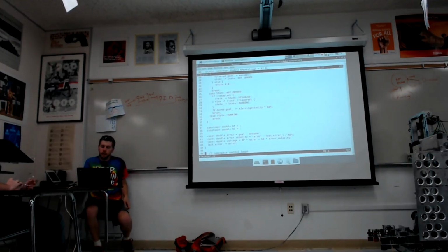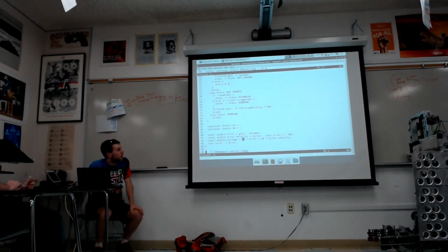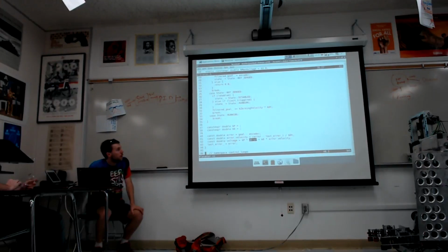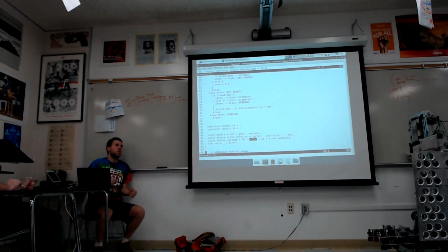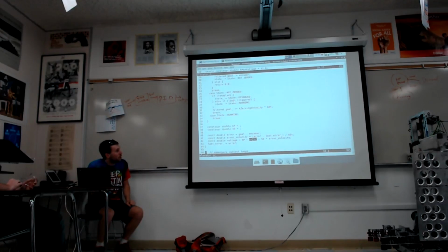So actually cool, you can find mechanical analogs for all this. So we have Kp times our error. This is going to generate a force proportional to the distance. What's a physical thing that we use that is a force proportional to the distance? Perfect. So this is a software spring. And then this is a force proportional to the velocity.